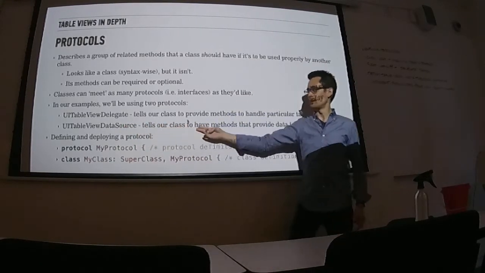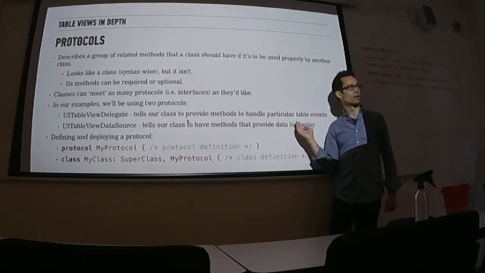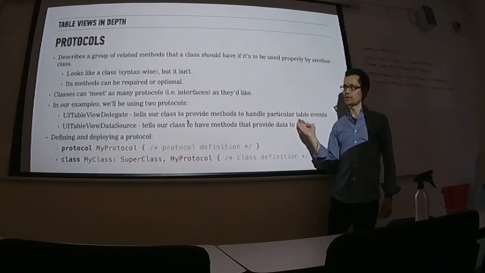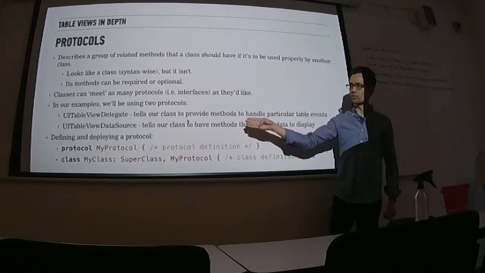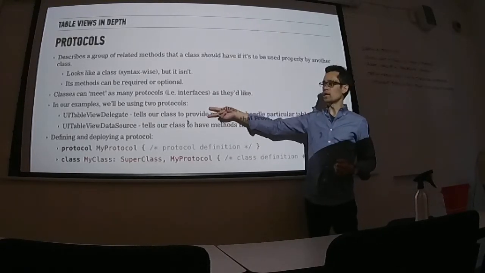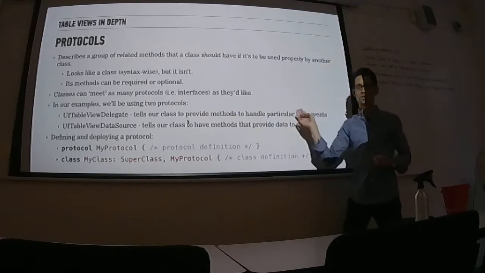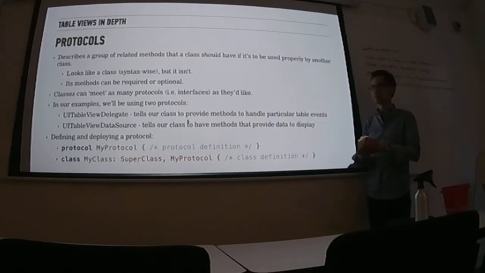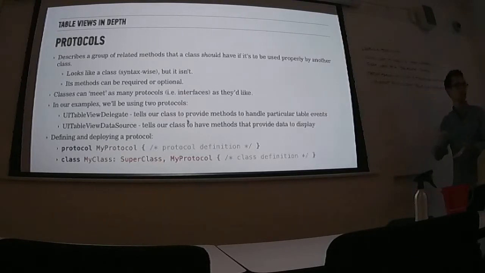So this is telling our view controllers that they're going to provide a set of methods that give data to the table view. The UITableViewDelegate is a protocol that has a bunch of predefined methods that describe event handling, when things are selected, when things are deleted, and so on. So it'll become more concrete when I actually start showing you the example.